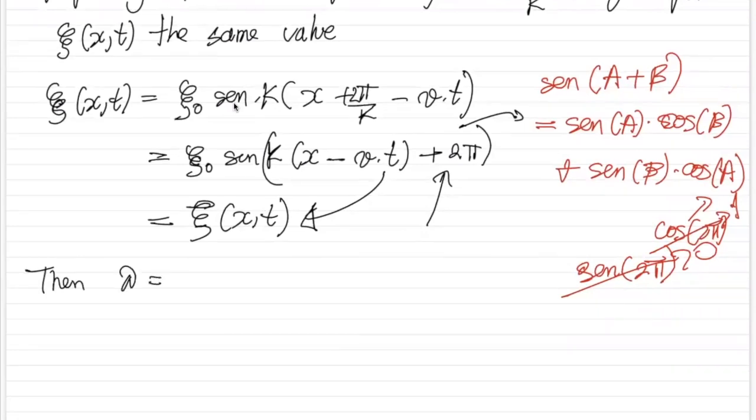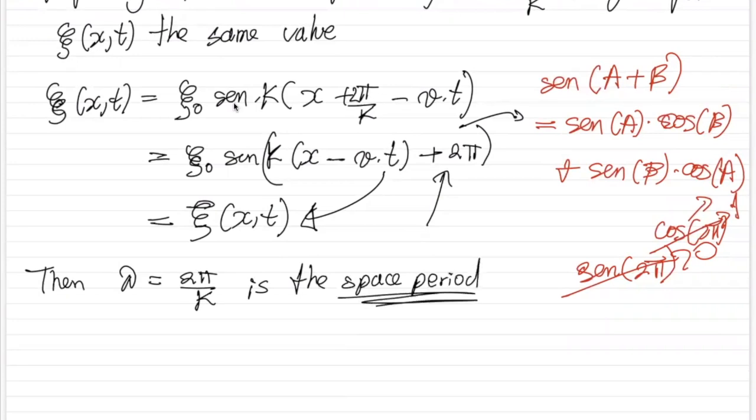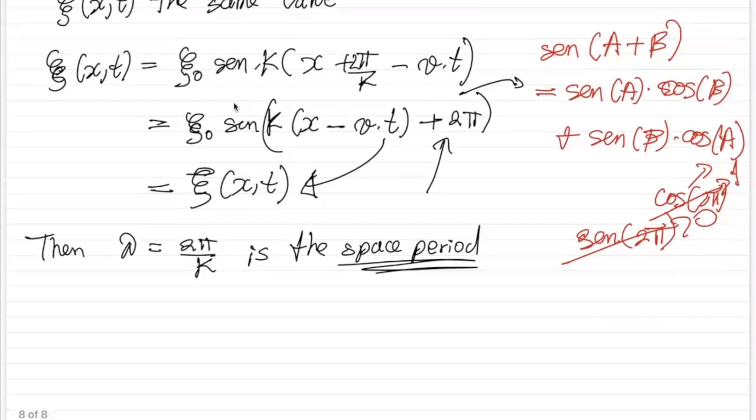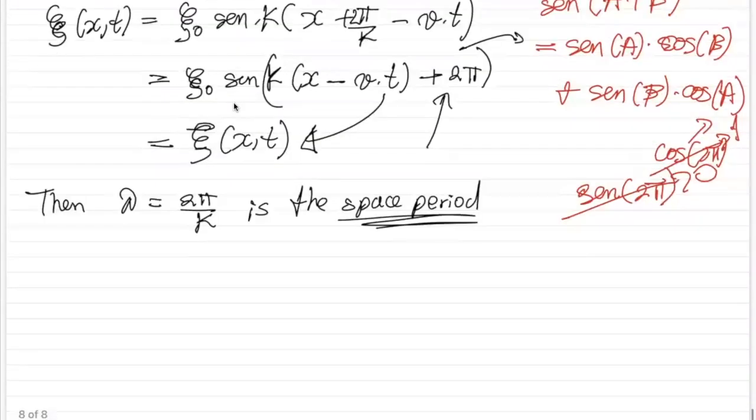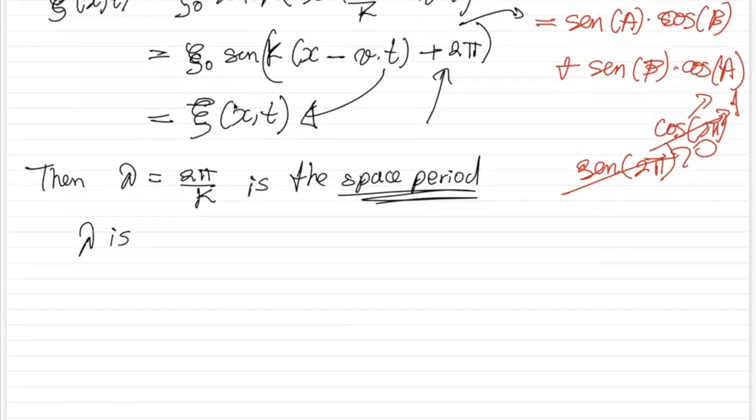Next, lambda equal to 2 pi over k is the space period, and it is called the wavelength.